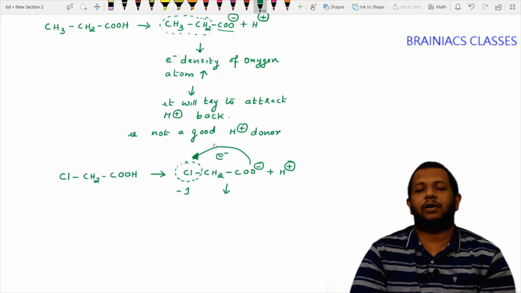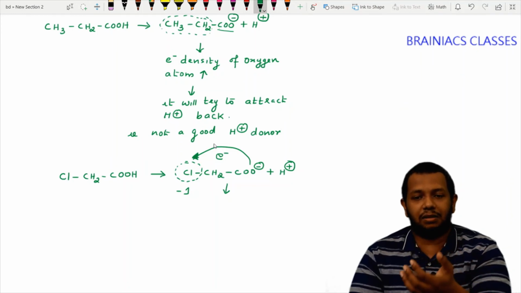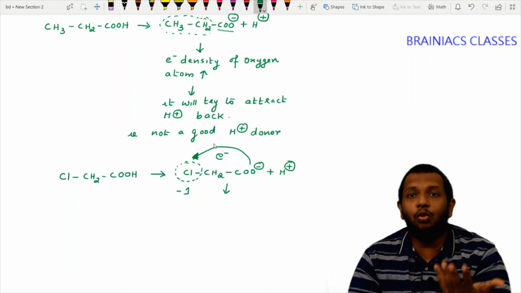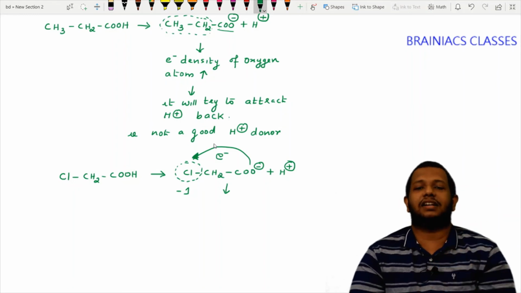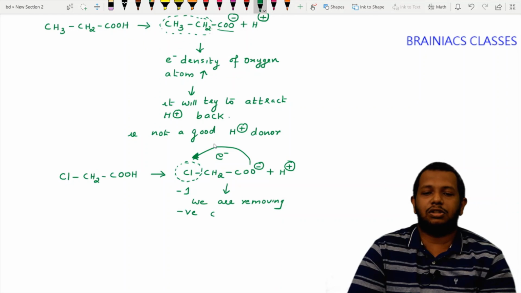You can see the arrow direction. If electrons are moving from the oxygen atom towards the chlorine atom, that means what? Actually, it is very good. You are removing the negative charge on the oxygen atom.